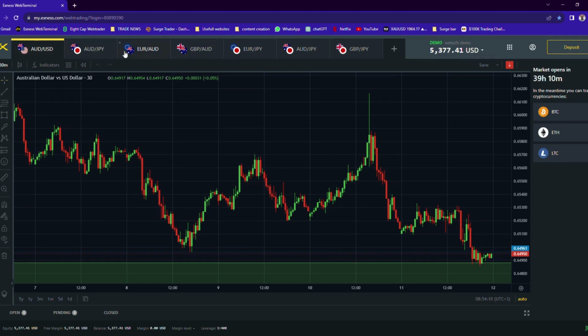So let's try to look into the next pair, which will be the JPY pairs. So Euro JPY, AUD JPY, and GBP JPY. There is a twist in these two, because GBP and Euro JPY, mostly these are in Europe, which is the Eurozone.